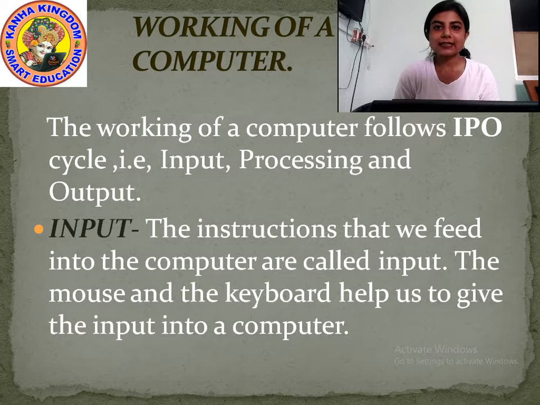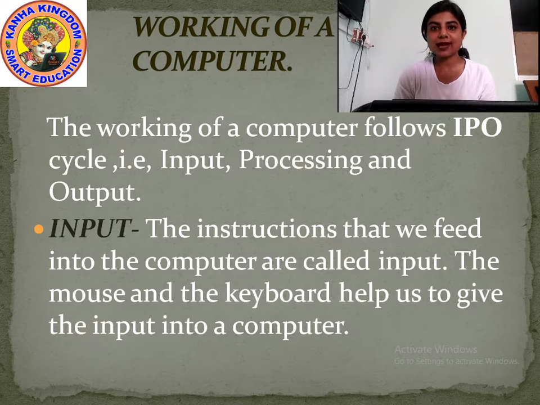Now we will study how a computer works. I will read out what is written in the slide. The working of a computer follows the IPO cycle, that is input, processing and output. The working of a computer means how does a computer work?